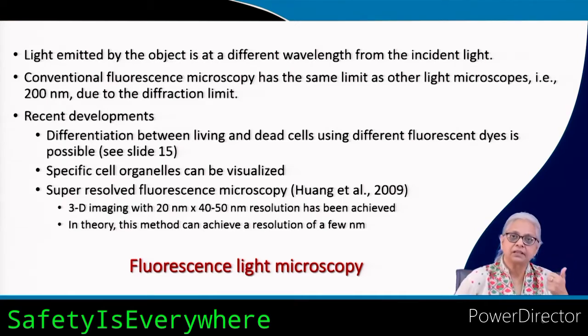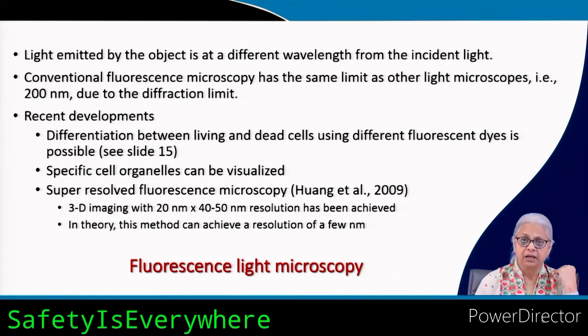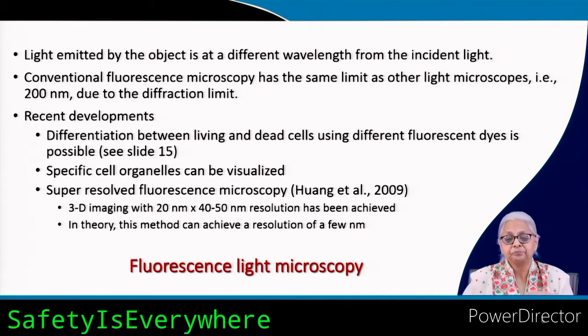It can be reflected, it can be transmitted, it can be absorbed, it can be scattered. When I see a particular color, it means that wavelength that is coming to my eye is reflected light. So when I see something as green, red, or yellow, then that is the color that is being reflected back into my eye. All other colors are either being absorbed or transmitted through the sample.